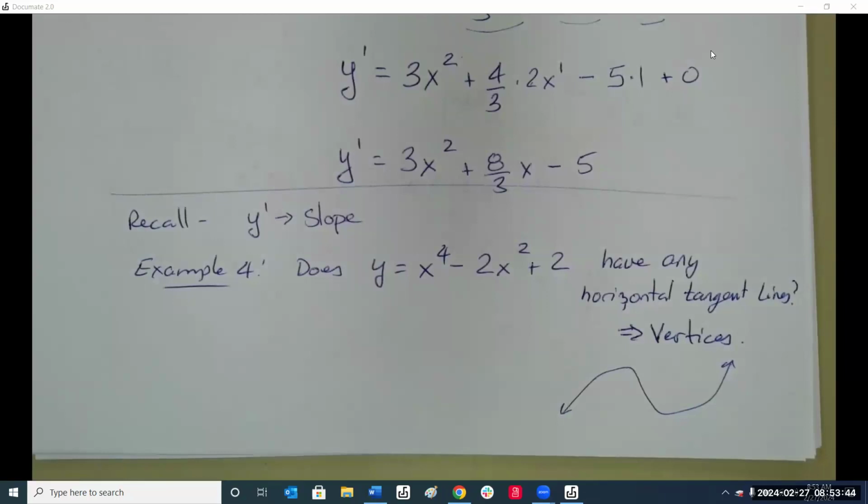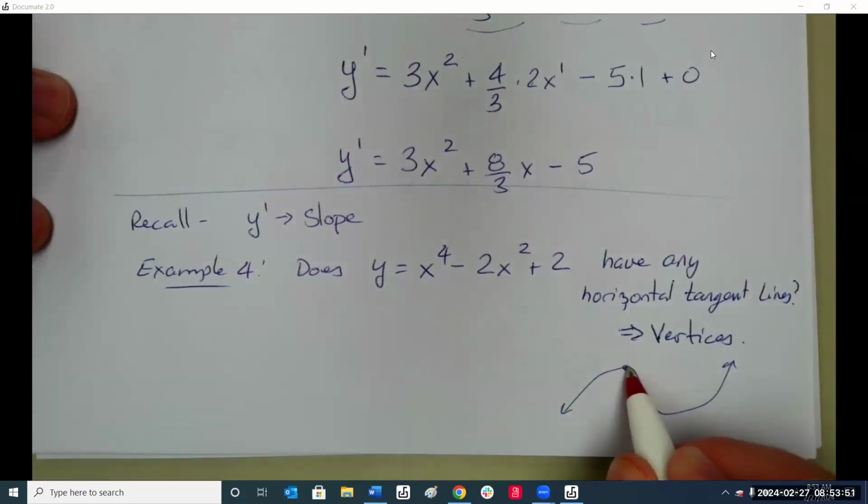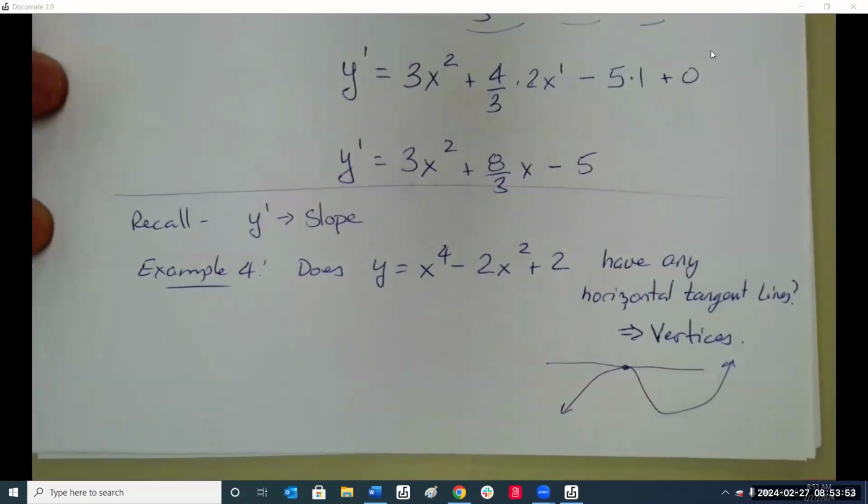Remember, what does tangent line mean? Touches at only one point. That would be here, because the horizontal tangent line does that. That would be here. The horizontal tangent line does that. So we're using the derivative now to find vertices, which we couldn't do in algebra.